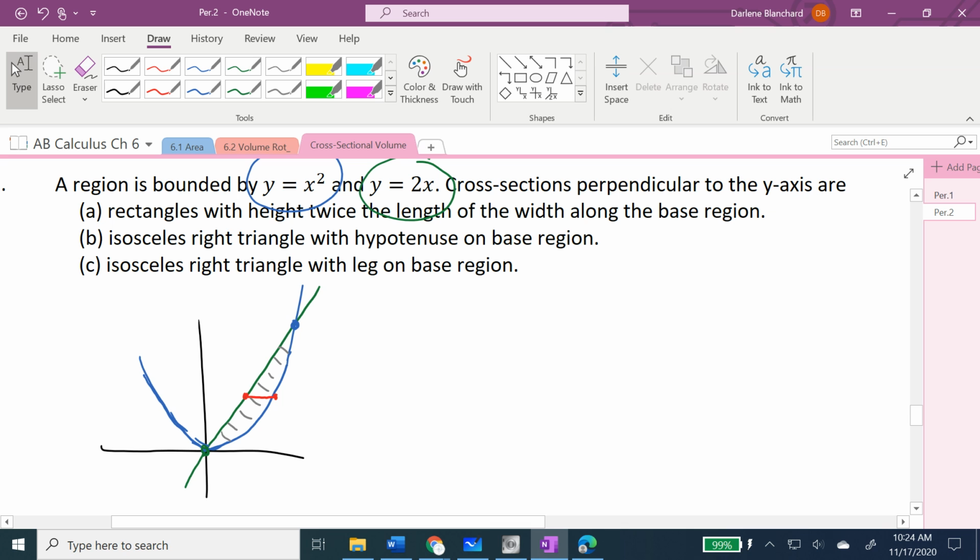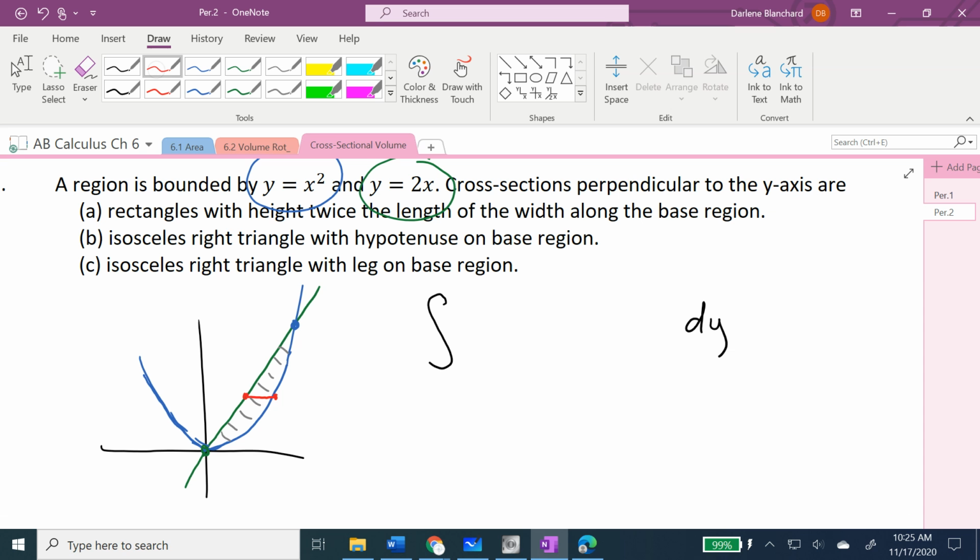That means any integral that I set up for these cross-sectional volumes, are they using differential dx or differential dy? Dy.